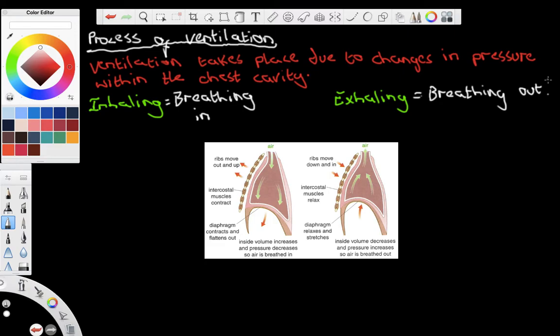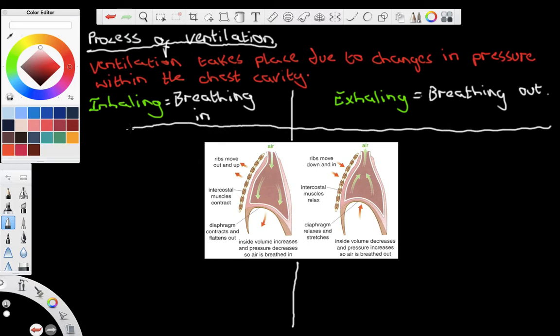Okay? So during inhalation, I'm going to divide the screen up in two in case you hadn't already noticed. And we'll put our titles there. During inhalation, which is shown here, the diaphragm contracts and flattens out.